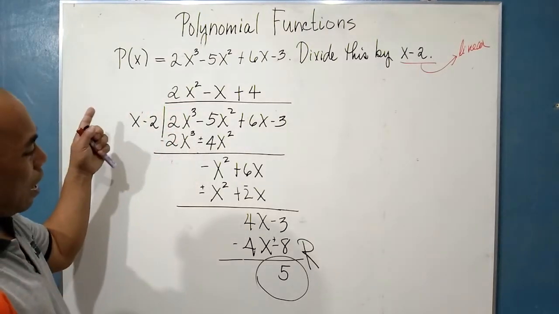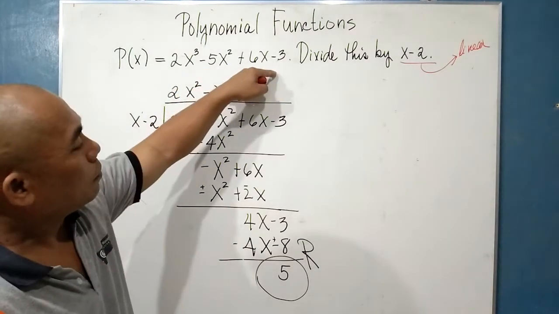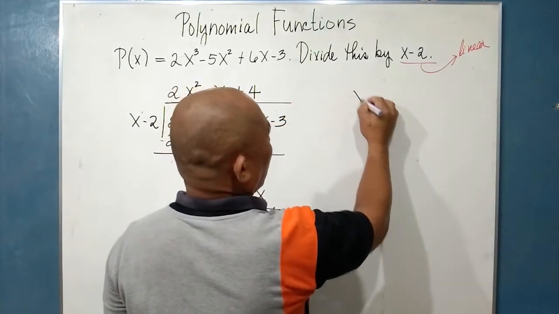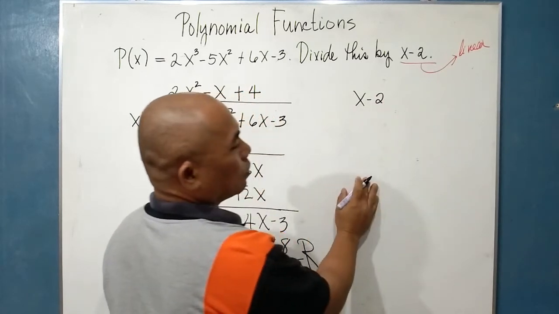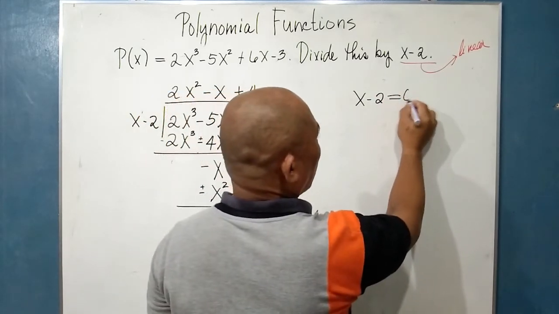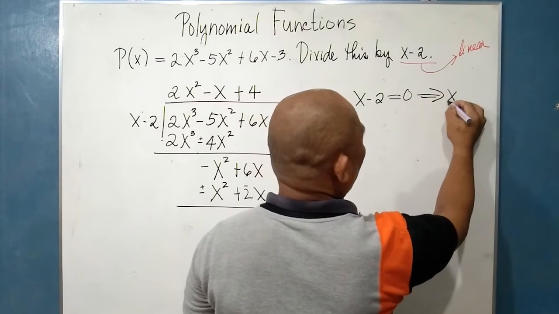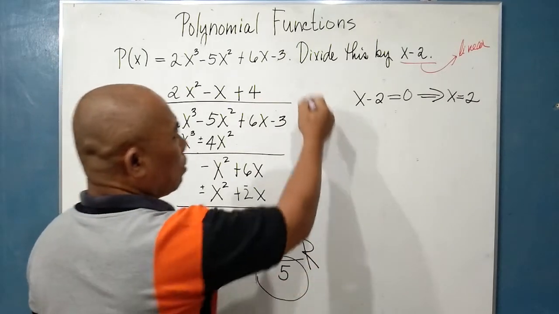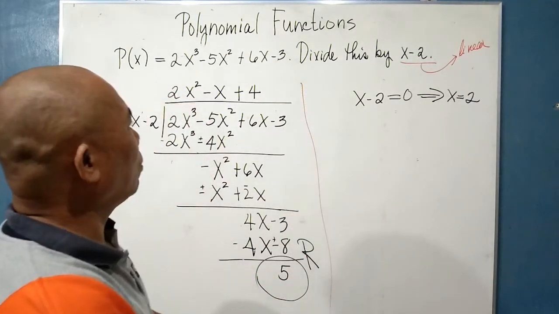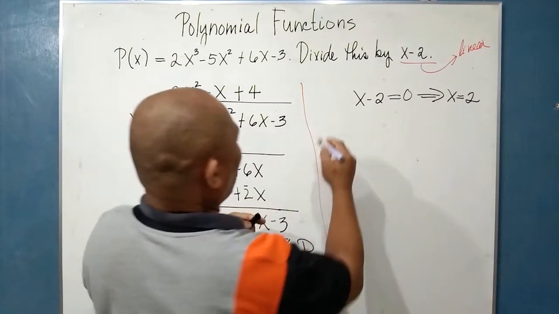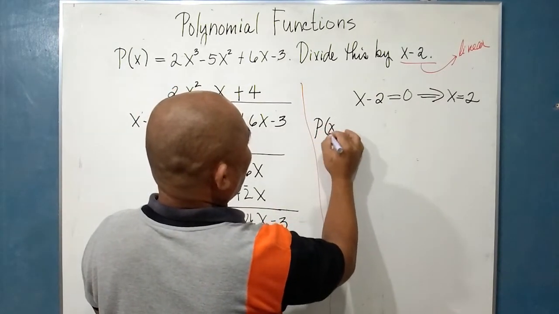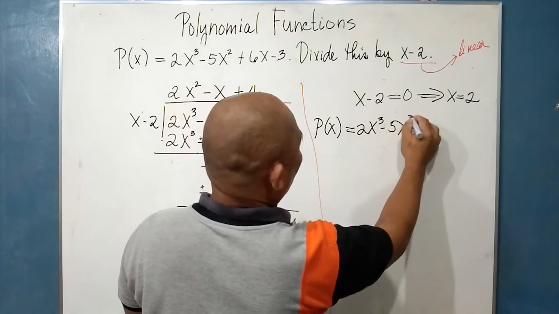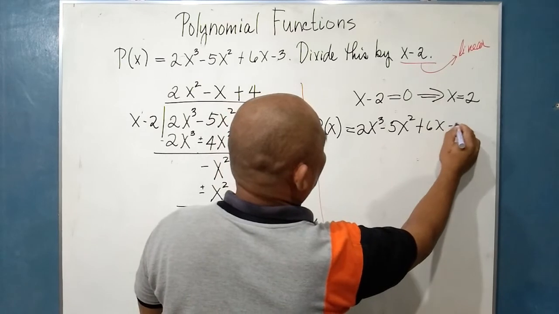Karon, ato ipakita pod kini. Kung atong pulian, no? Using this x minus 2 equals 0, ang mugawas x equals 2. So ang atong buhaton karon para atong ma-compare unsay makita nato, kani kopyahon sa nato dire. So naatay p of x equals 2x cubed minus 5x squared plus 6x minus 3.